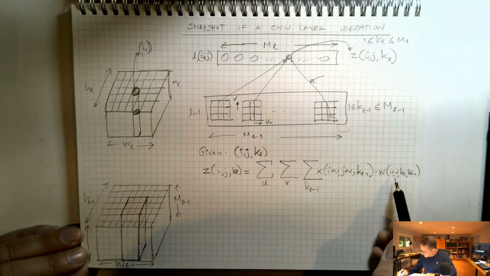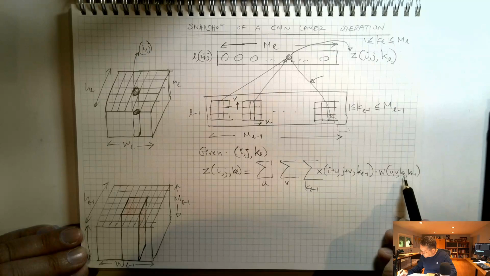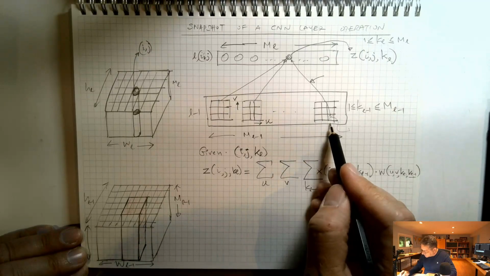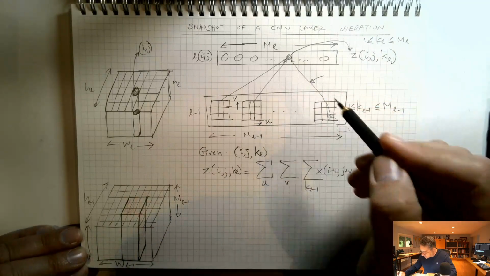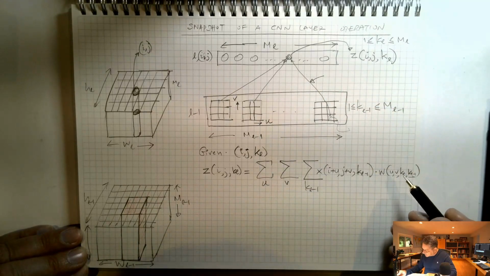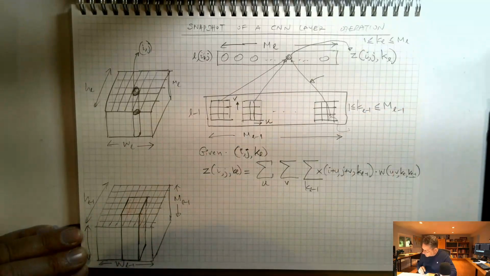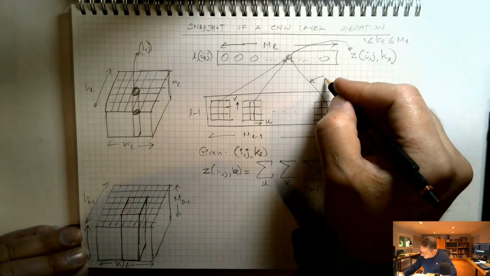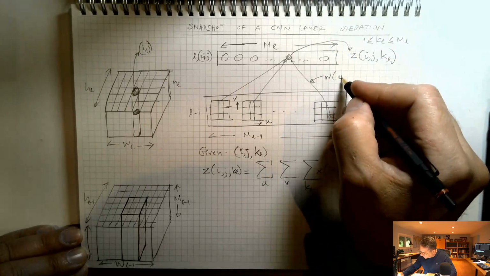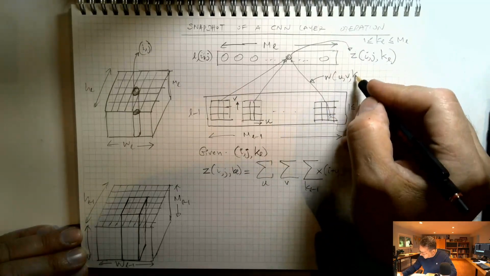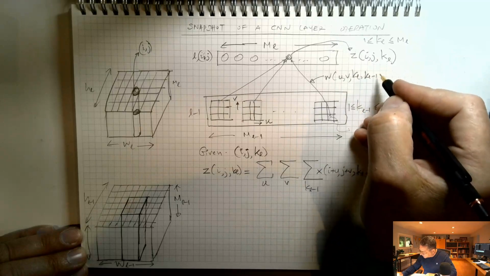That specific kernel, however, is identified by this index. And the scalar it is going to be generating is located at the KL depth. That's why I need this W of Q comma V comma KL comma KL minus 1.